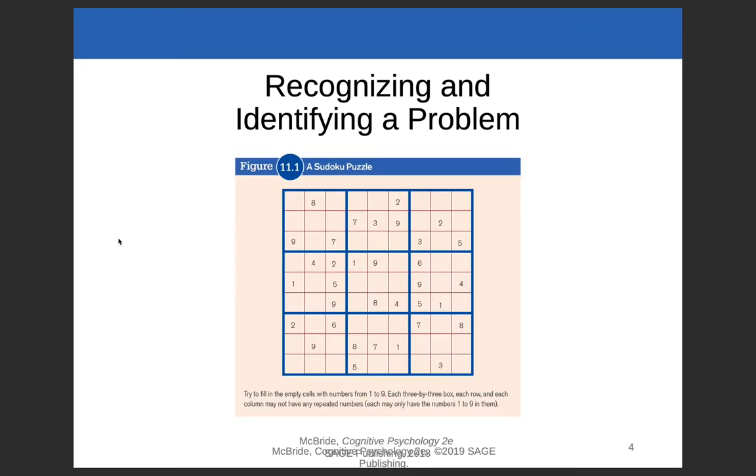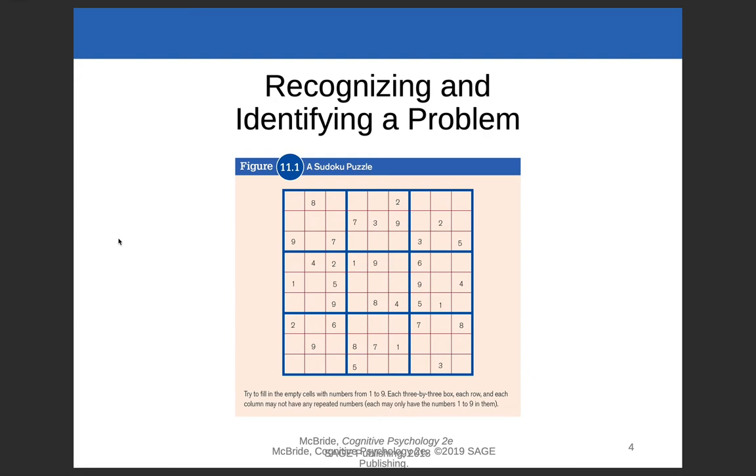A very simple example of a well-defined problem is what you see here, a Sudoku puzzle. I've never been able to say that word, Sudoku puzzle. The state is empty Sudoku cells, and you have to fill in the cells according to the rules of Sudoku.